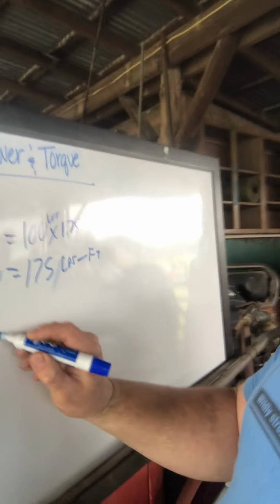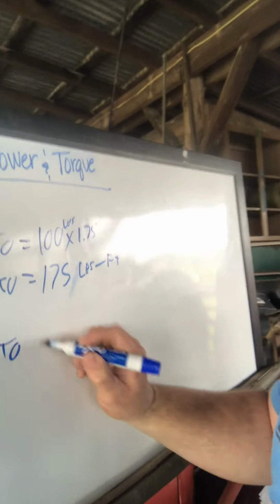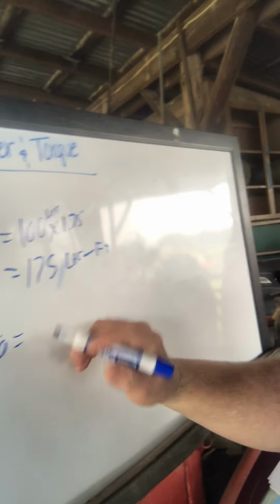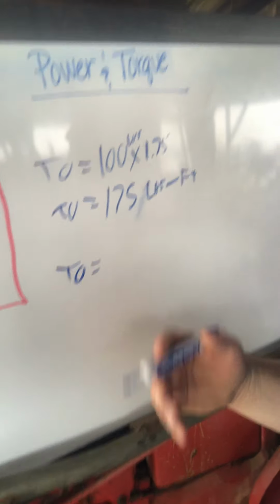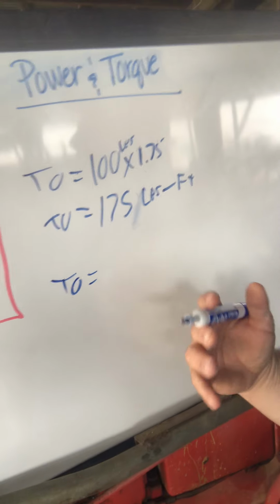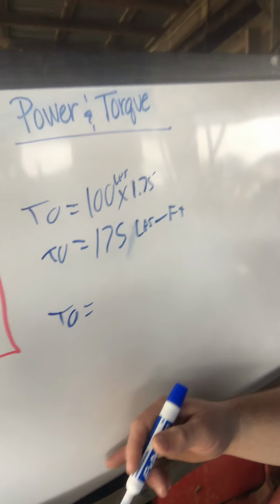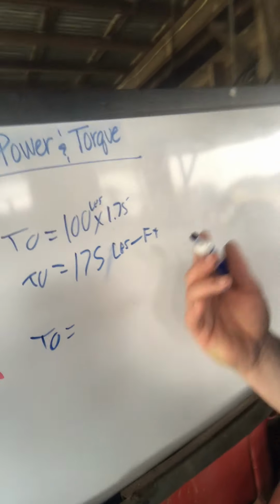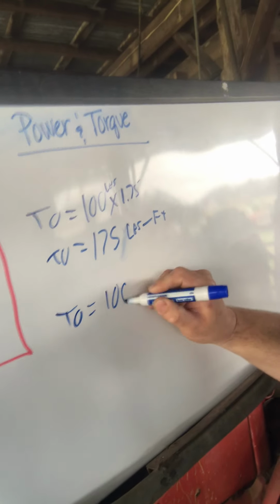So let's go back over to our board for a minute. How much torque is applied? Torque equals, let's say we do that and somehow we measure that chain pulling from the tire to the tree, and it's, I don't know, 1,000 pounds.